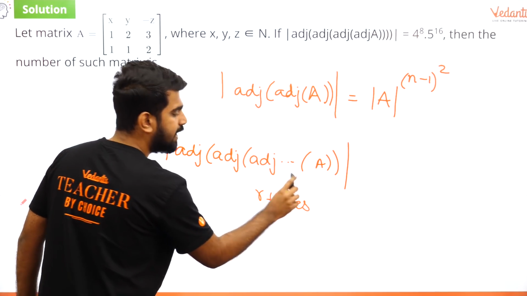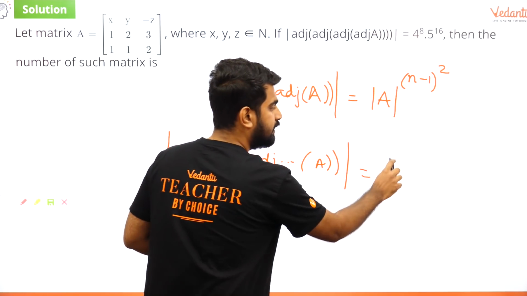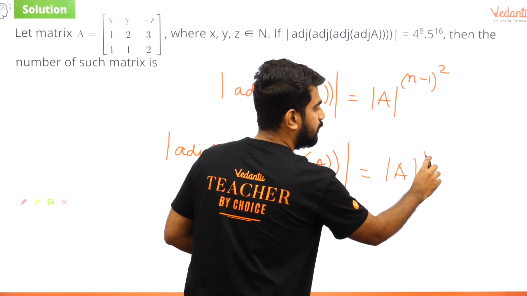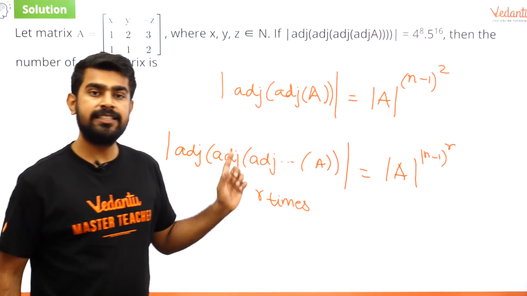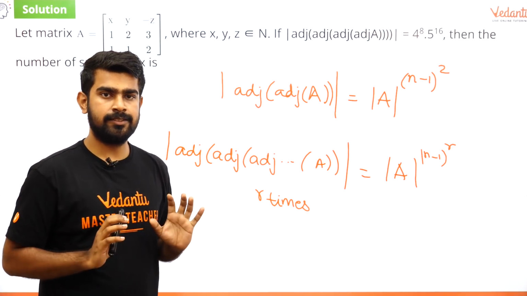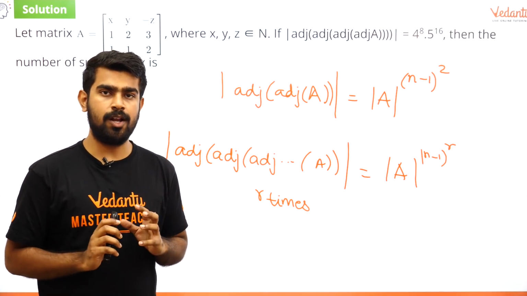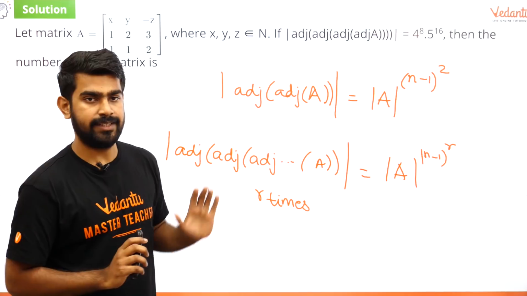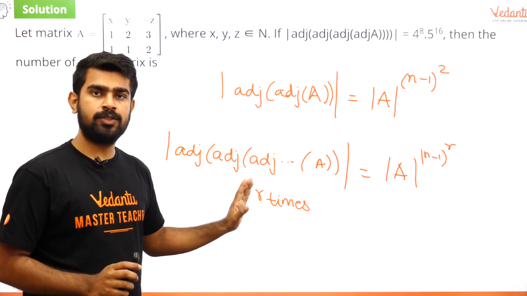Then that determinant value is going to be equal to determinant of A to the power n minus 1 whole to the power R. This is something which you need to know to solve this question. Okay? So if you did not know this before, please take it down guys. It is super useful to solve questions, especially of this kind. Okay? Perfect. Now I am going to erase this. So please copy it down.